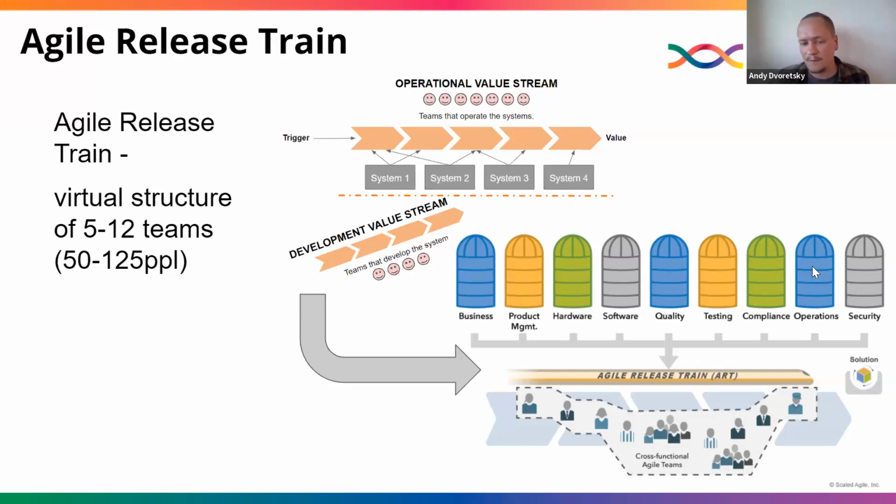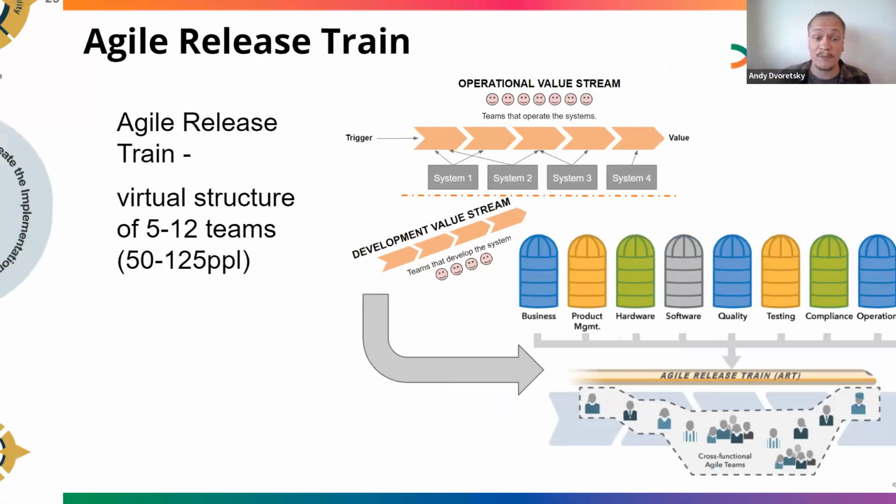We invite people from different towers, silos of information, and we build them into virtual small cross-functional teams, all together called an Agile Release Train. An Agile Release Train is like a team of teams organized around the flow of value, around the development value stream.